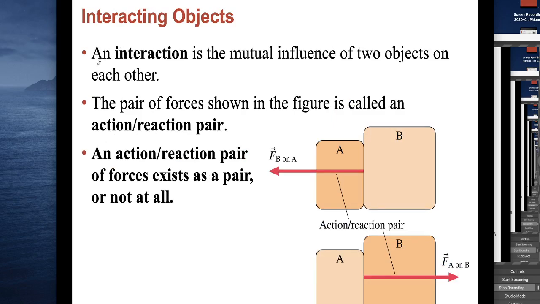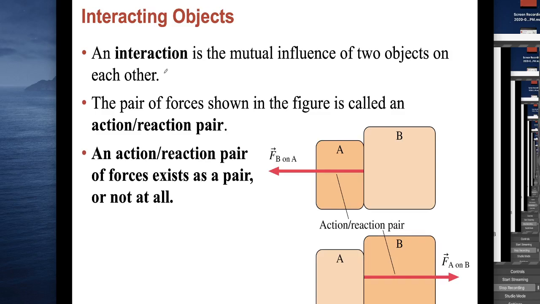Here, an interaction is a mutual influence of two objects on each other. The pair of forces shown in the figure is called an action-reaction pair. An action-reaction pair of forces exists as a pair or not at all.